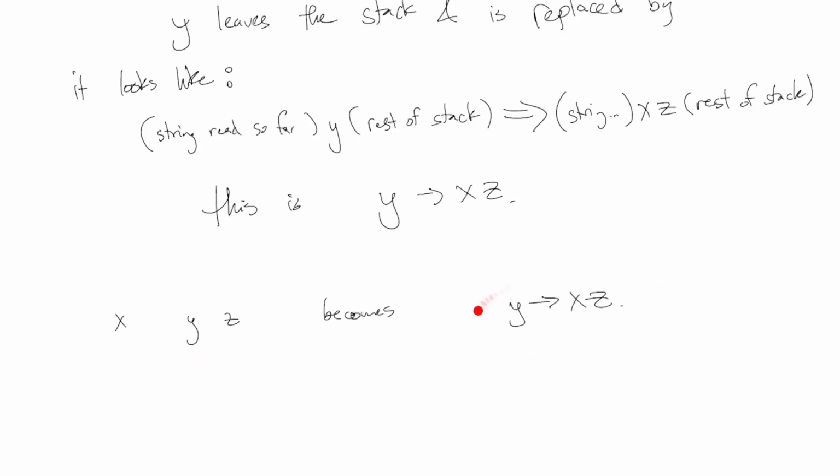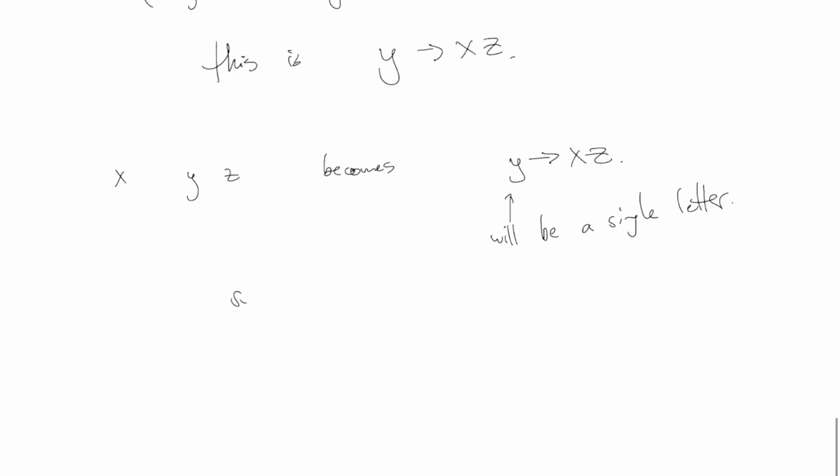What that means is if you do this process, the grammar that you get will automatically be context-free. The Y is guaranteed to be just a single letter because it came from the pop column of a stack machine, and those have to be just a single letter. So this Y will always be a single letter, and so the grammar we get is a context-free grammar. All right?